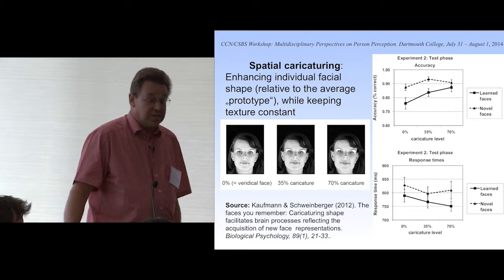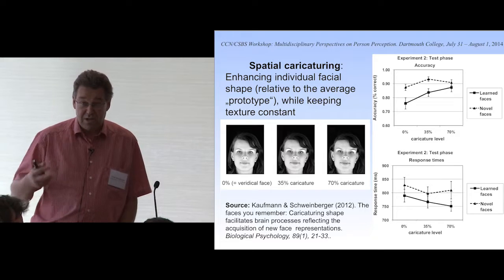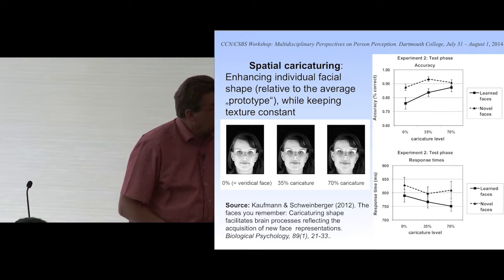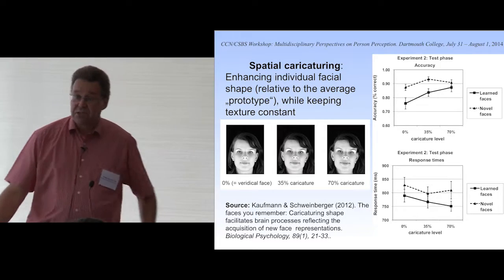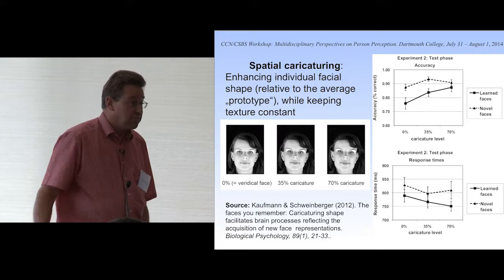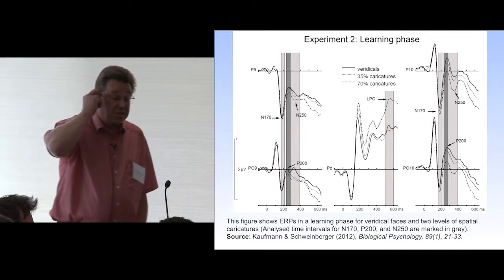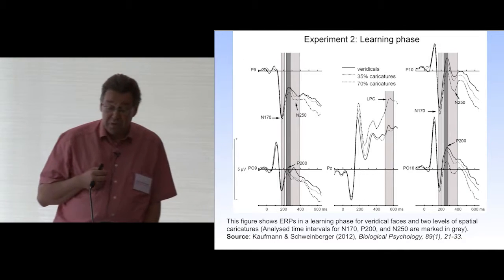Now, the first thing that Jürgen showed is that spatial caricaturing improves face learning of initially novel faces. And this is what you can see here in accuracies and reaction times. And this benefit of spatial caricaturing is probably because it makes a face more distinctive. At the same time, spatial caricaturing also elicits a very systematic reduction of the P200.